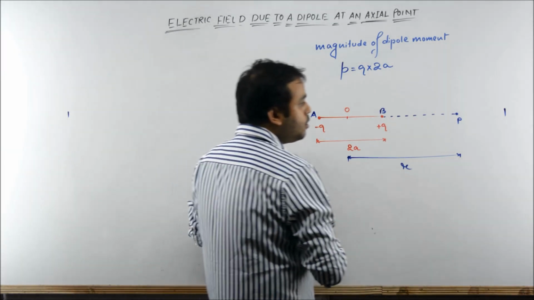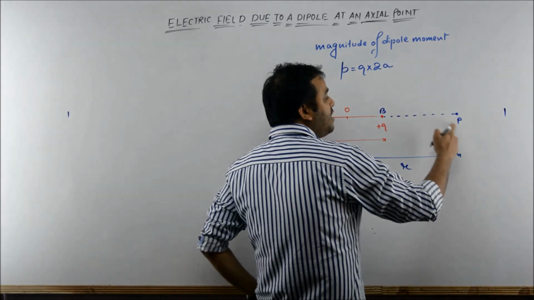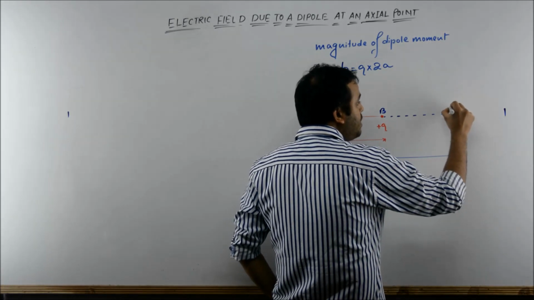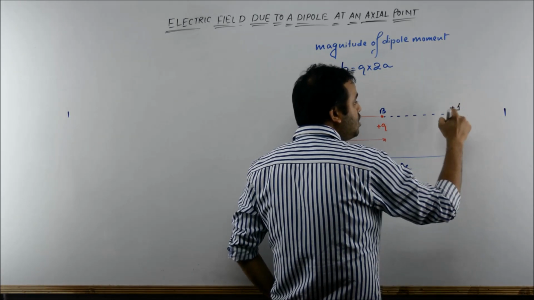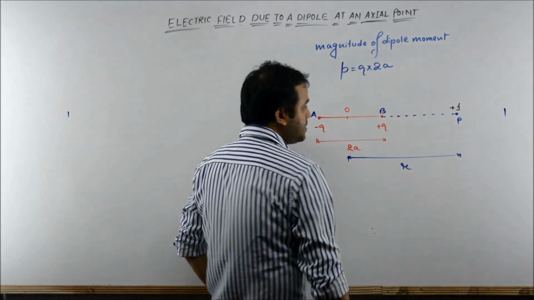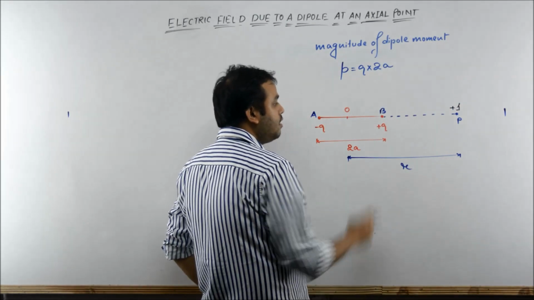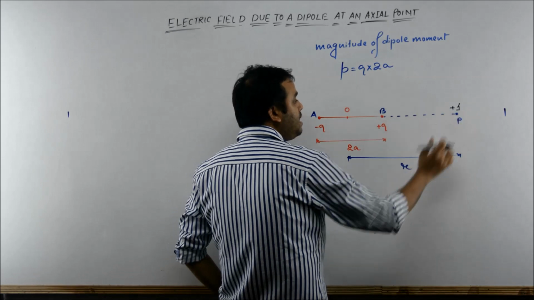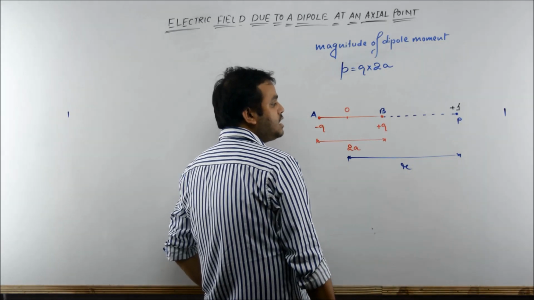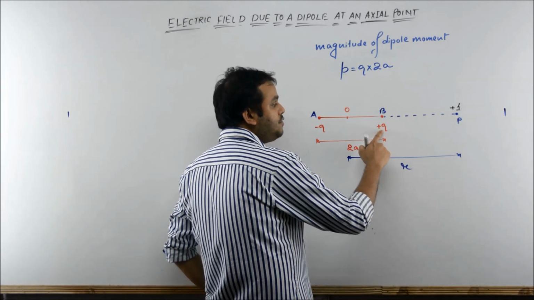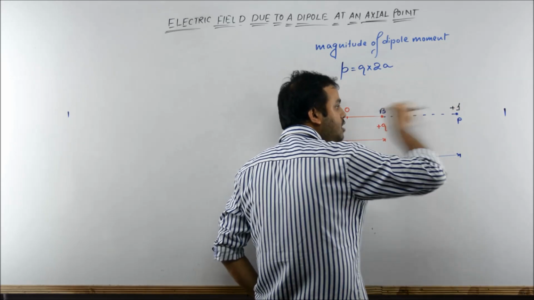Now to find electric field at point P, we will put one unit positive charge at this point. Clear students? So now at point P, what is the direction of electric field due to plus q? It's positive repulsion.